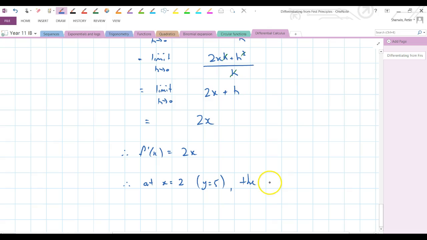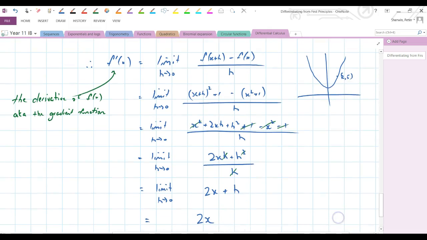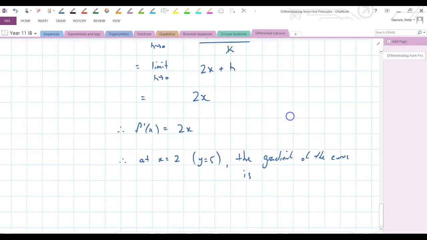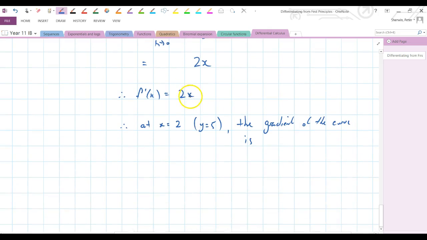The gradient of the tangent, or the instantaneous rate of change, however you want to put it, the gradient of the curve is, put 2 in there. At x equals 2, I've got the gradient of the curve is 4. That's just 2 by 2.